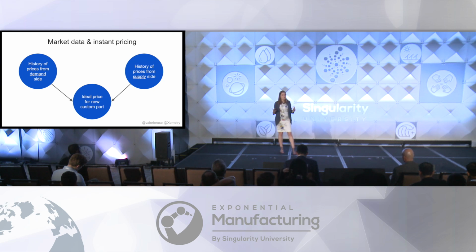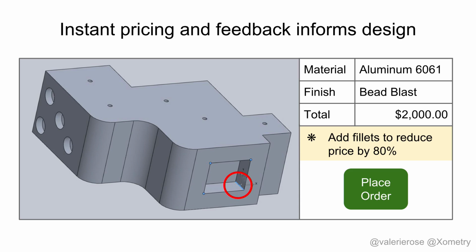It's a very large, complex, multidimensional data space. You can use machine learning to find the ideal price for a new custom part, given its CAD model and all of the geometric data you can extract from it, and all of the specifications of material, surface finish, tolerances, et cetera. It's a lot harder than pricing, delivering a burrito, for instance.